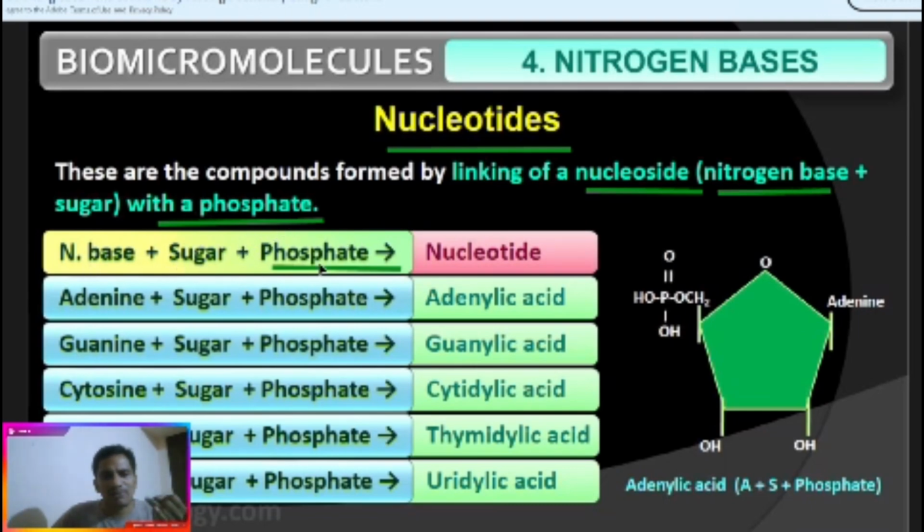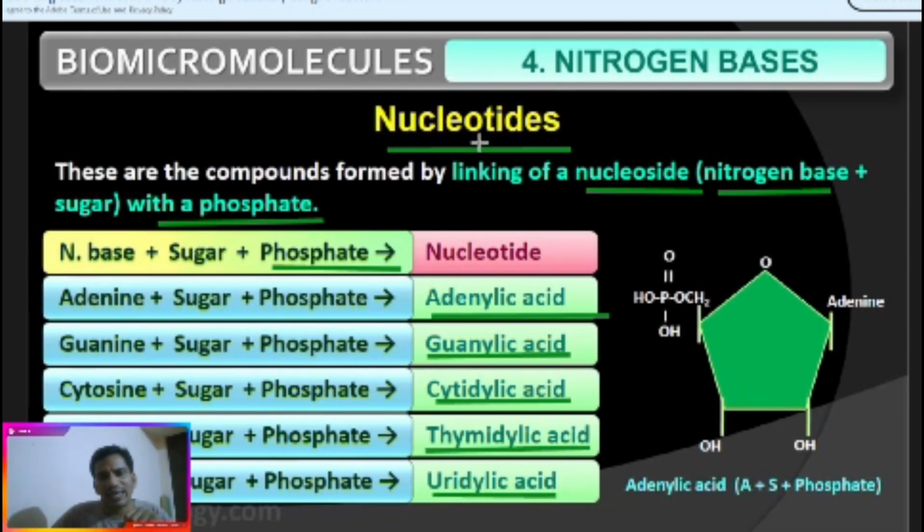Now take adenine; A and G are purines, CUT are the pyrimidines. Adenine, sugar, phosphate gives adenylic acid. Guanine with sugar and phosphate gives guanylic acid. Cytosine plus sugar and phosphate gives cytidylic acid, and also thymidylic acid and uridylic acid.